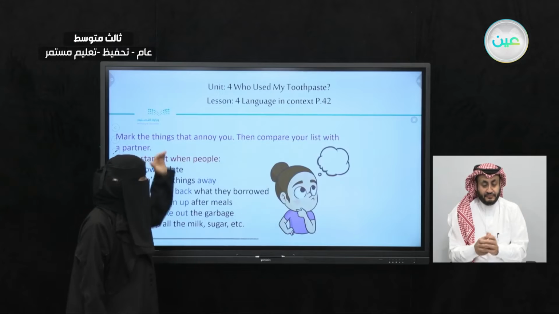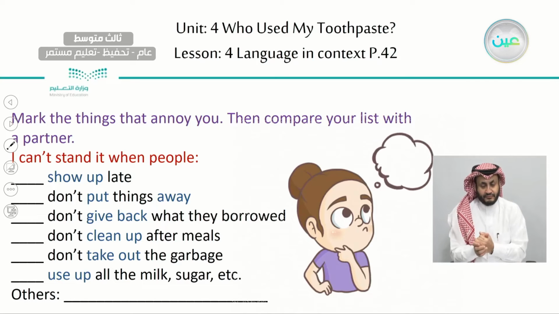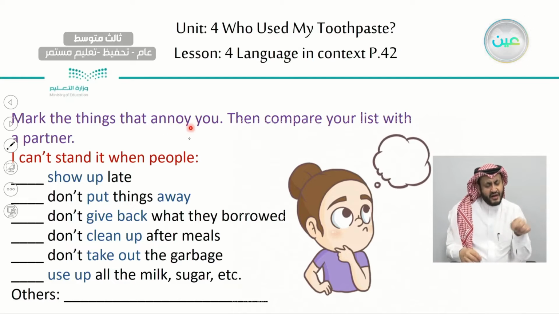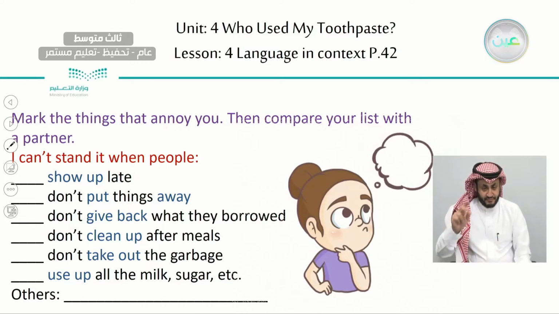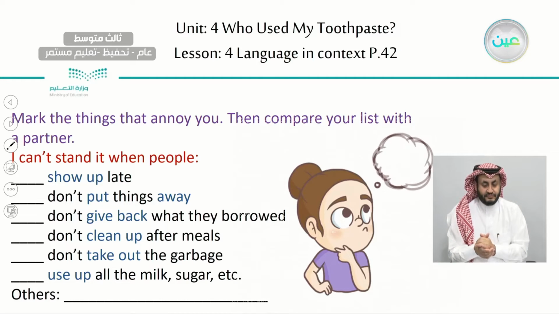Now, here in our Language and Context lesson, you can see this in your book, page 42. Mark the things that annoy you. You have to put a tick on the things that make you angry, that bother you, okay? Then compare your list with a partner.